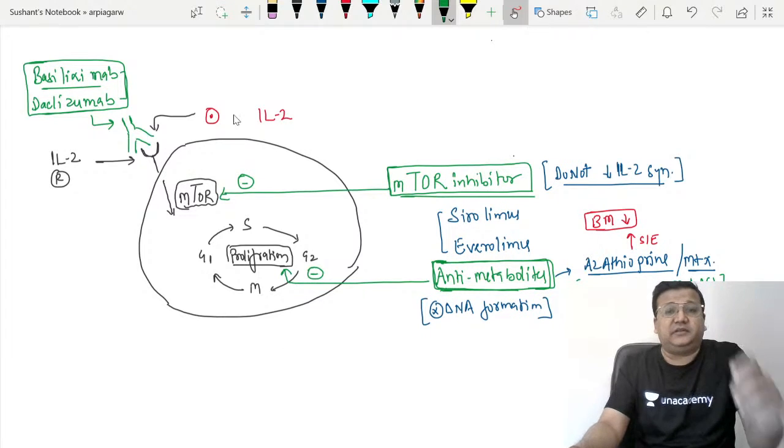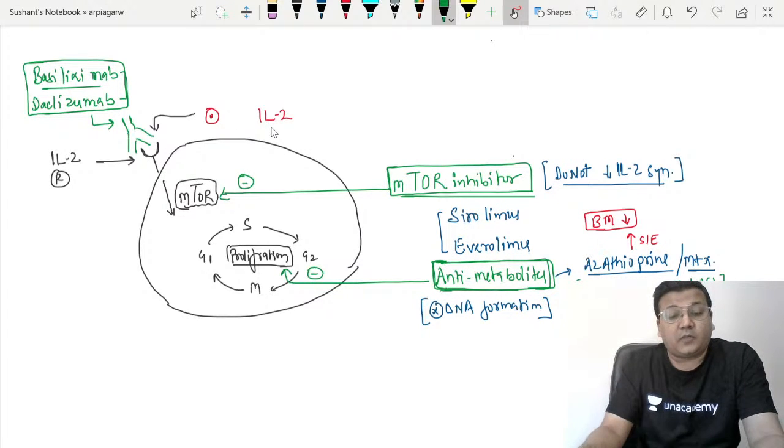So we started with interleukin 2. Interleukin 2 is a growth factor for immature T cells. It acts on the interleukin 2 receptor that can be blocked by basiliximab, daclizumab. Then the signal it gives to the immature T cell uses an intracellular protein, mTOR, that can be inhibited by mTOR inhibitors. And finally, the proliferation of the cell can be blocked by anti-metabolites.